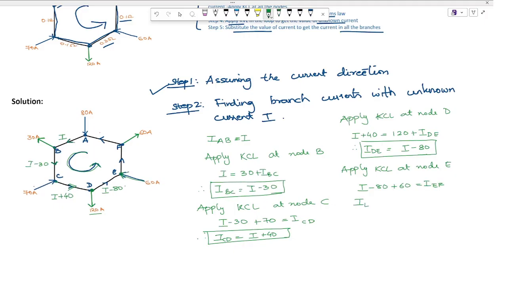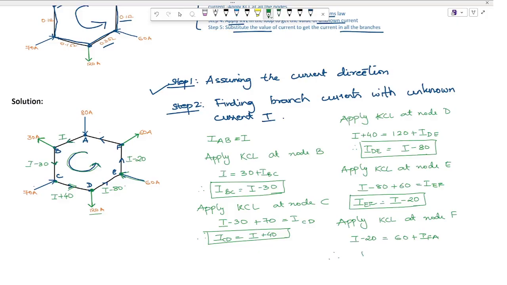So IEF is equal to I minus 20. And finally, we have the last node. Apply KCL at node F. At node F, we have the incoming current as I minus 20, and the outgoing currents are 60 plus IFA.